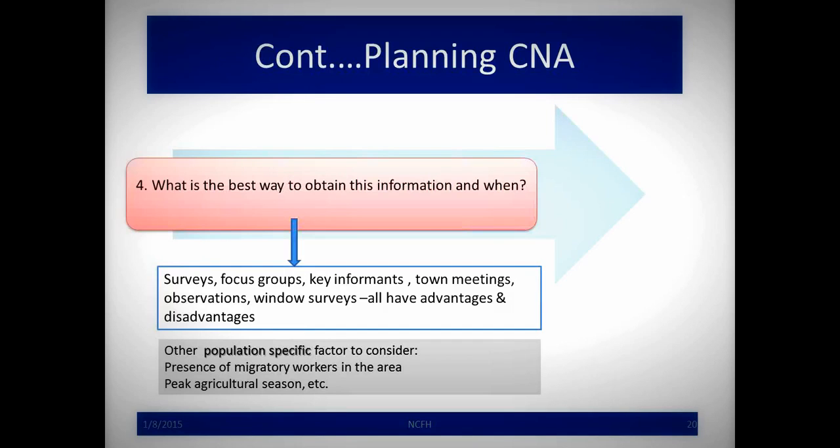What is the peak agricultural season in your area? You want to find out when farm workers are in your area, but not when they are so busy that they will not have any time to participate in your needs assessment. So those are things that are actually very important to figure out.